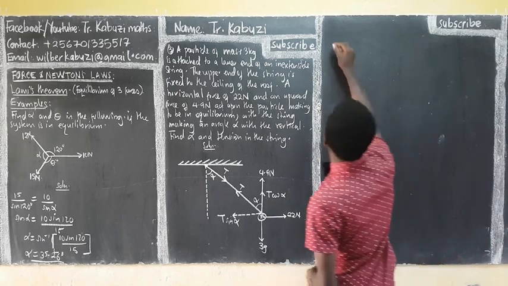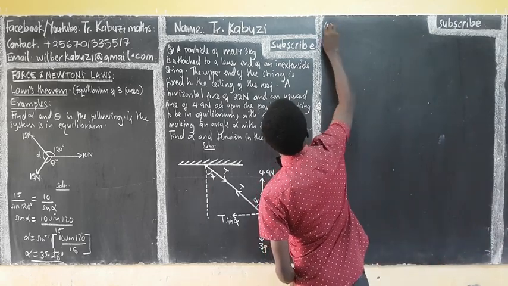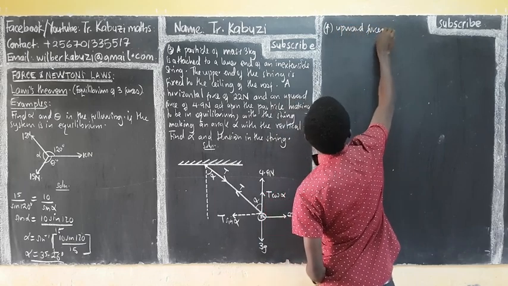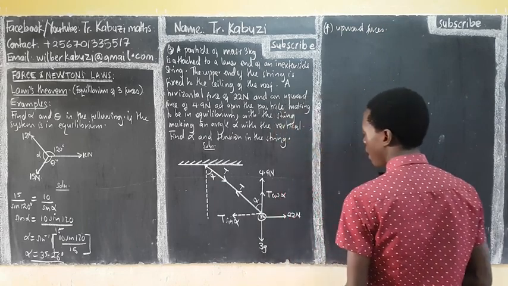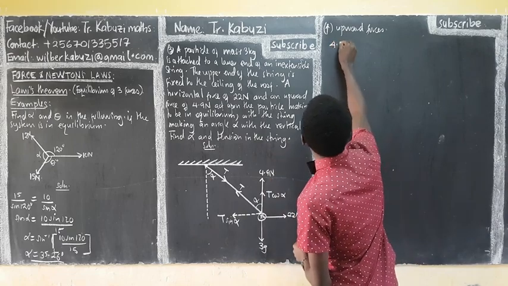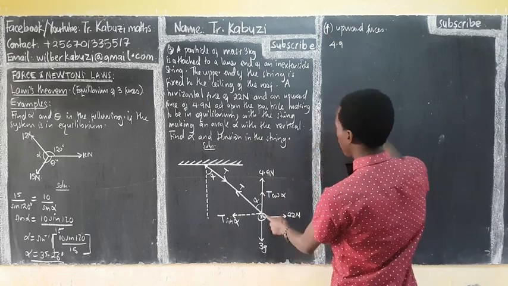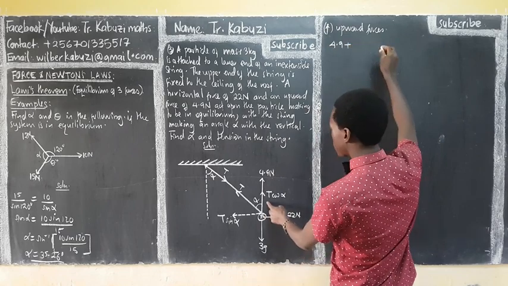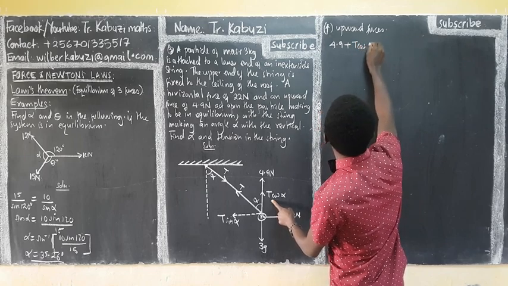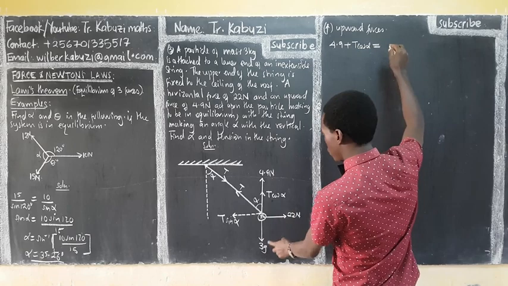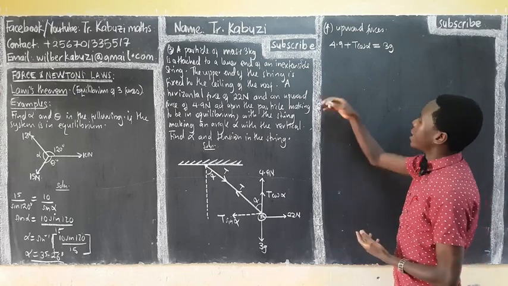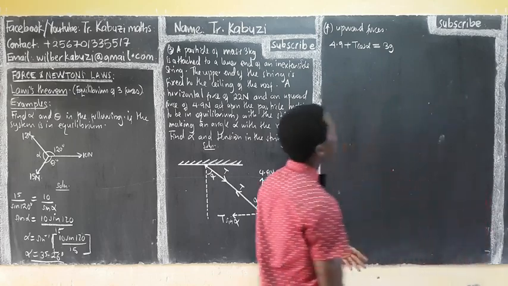So if I turn to the upward forces, what am I having upwards? First of all, I have those which are going up. I have 4.9, plus T cos alpha, equal to 3g. Because the body is in equilibrium, the acceleration is 0.